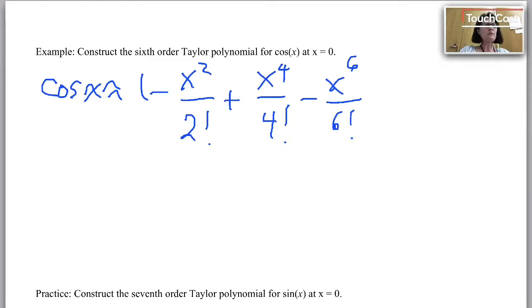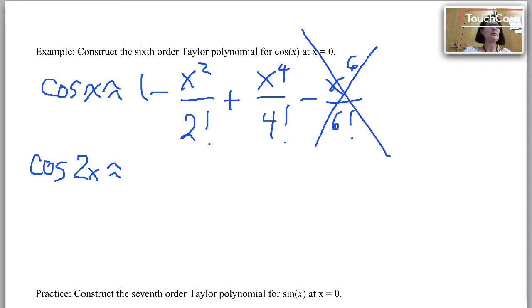So I could write that cosine of 2x would be approximately equal to the same expression. I'm not going to use this last term because I've only been asked to give the 4th order, and this goes up to the 6th order. 4th order means it came from using the 4th derivative.